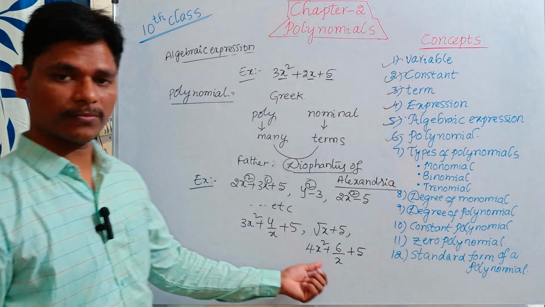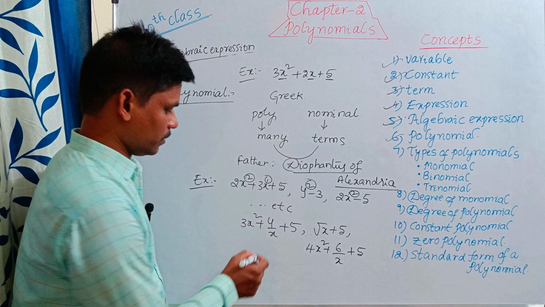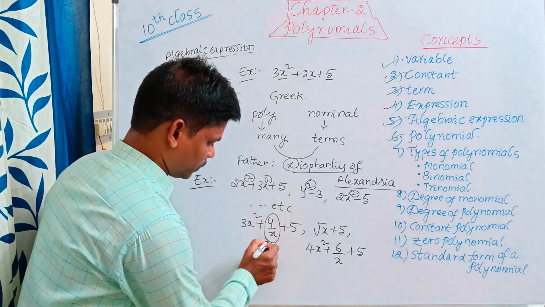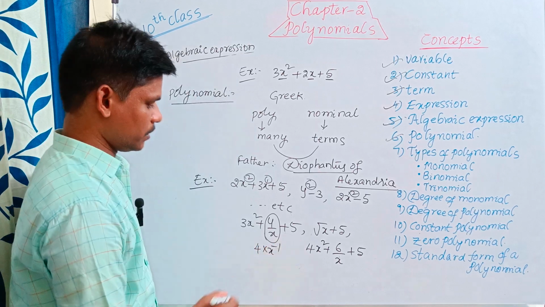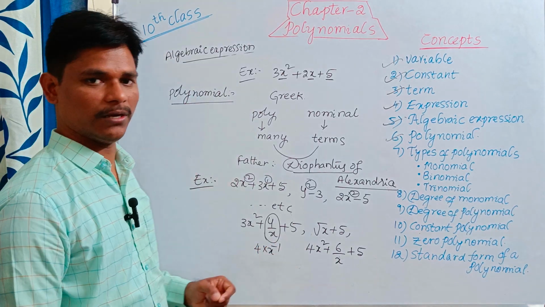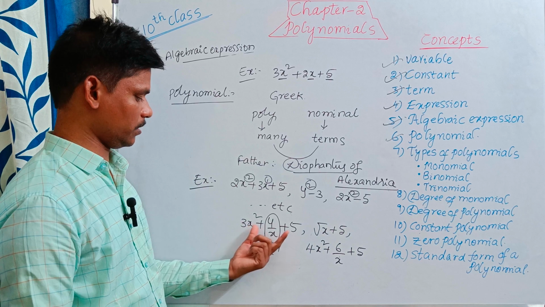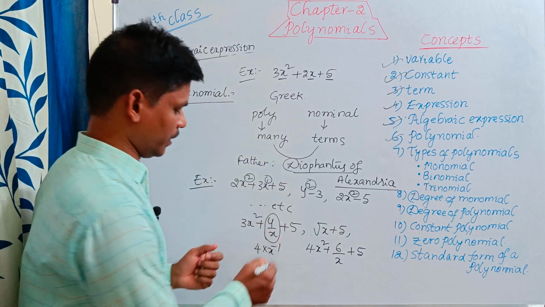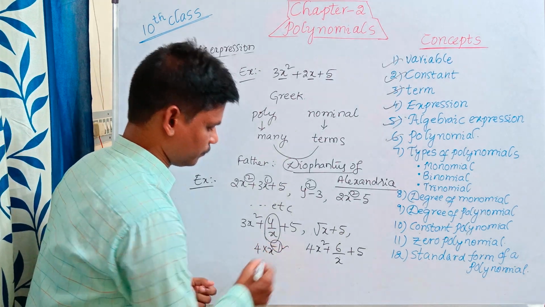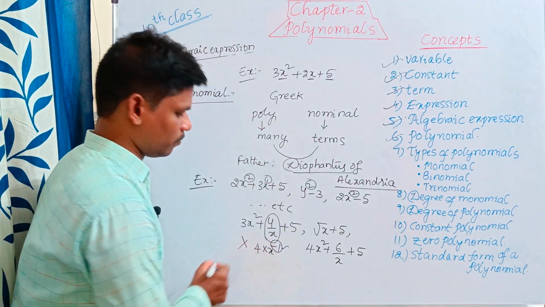Check this term, 4 into x power minus 1. What is the definition of polynomial? It is an algebraic expression involving variables with non-negative integral powers, but here negative powers are there. So this is not a polynomial.